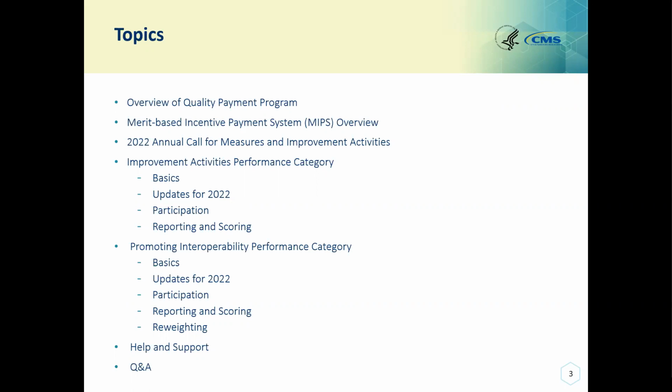We'll provide some more information on where you can get information about that. Then I will turn it over to Michelle Peterman, who will go over our improvement activities performance category and cover all of our basics, and then the updates that we have for 2022. Then we'll turn over to Elizabeth Holland. She will go over everything about the promoting interoperability performance category, all the things you need to know.